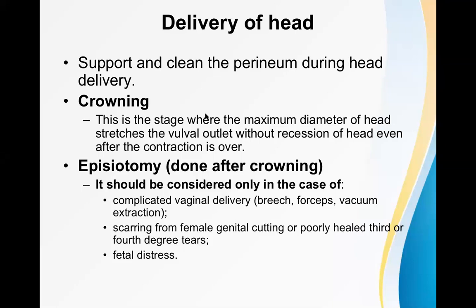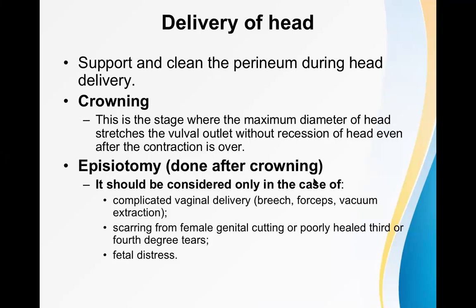These are important ones. Now, there is an important process which is known as episiotomy. This episiotomy is the elective incision or cutting of the perineum. It is done after crowning of the head or crowning of the presenting part occurs.